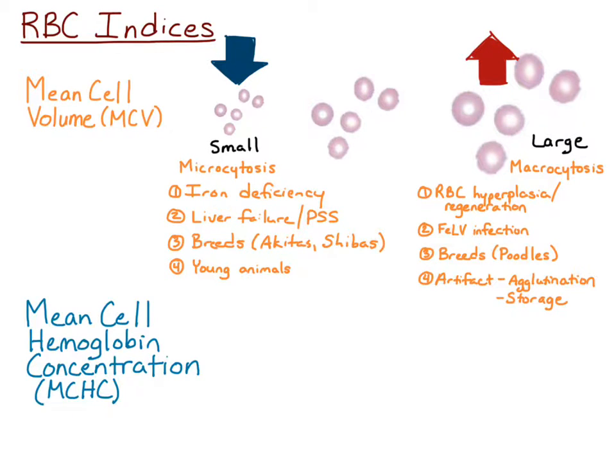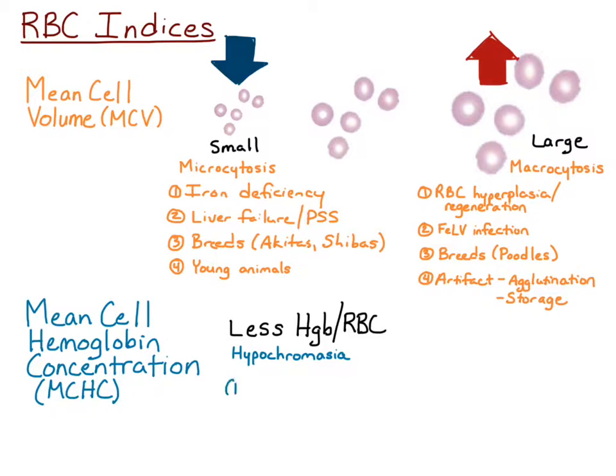Okay, now I'm going to go down to MCHC. When there is less hemoglobin per red blood cell, that results in a decreased MCHC, which we call hypochromasia, or hypochromic.